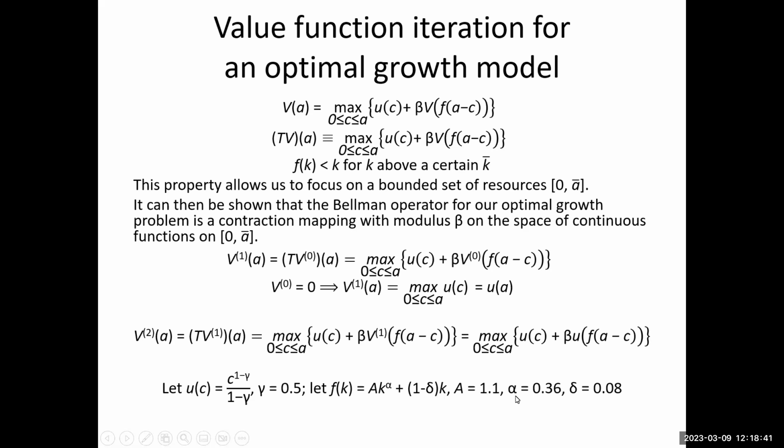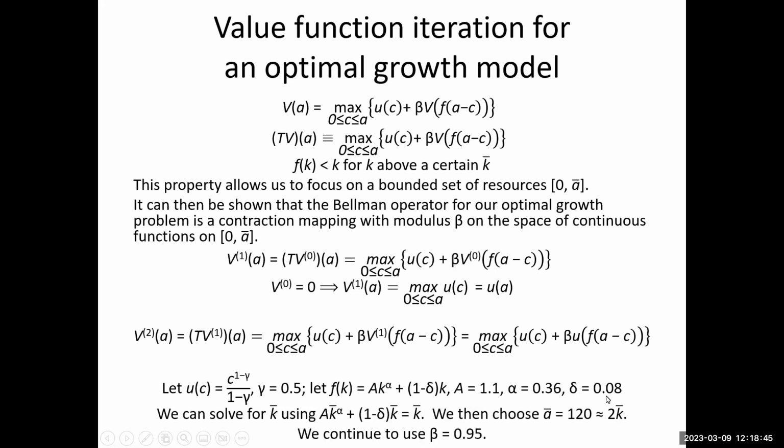We use these parameter values. We can solve for K bar using this equation. We then choose A bar equals 120, which is approximately 2 times K bar. We continue to use the discount factor beta equals 0.95.